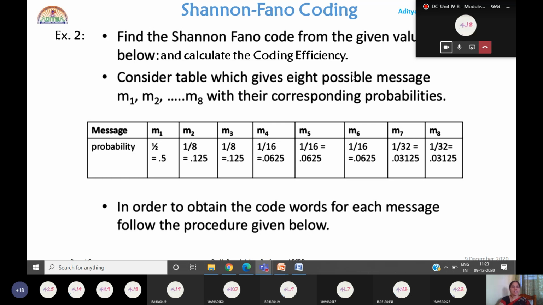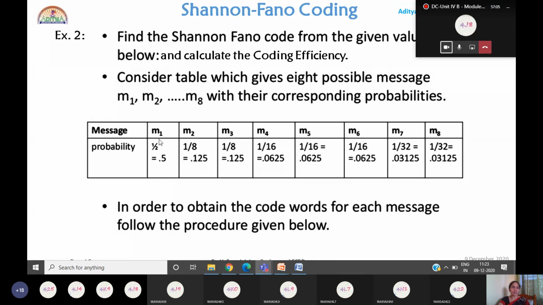Consider the table with 8 probable messages m1, m2, m3 and so on up to m8, with corresponding probabilities. You can observe the table m1 to m8. Now you need to construct this in the form of a table for the Shannon Fano source encoding process.